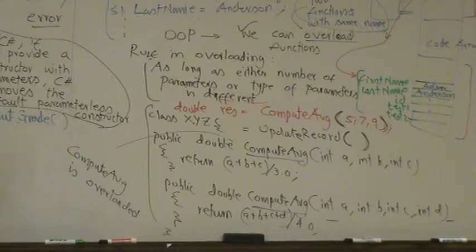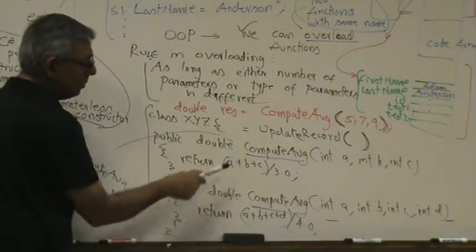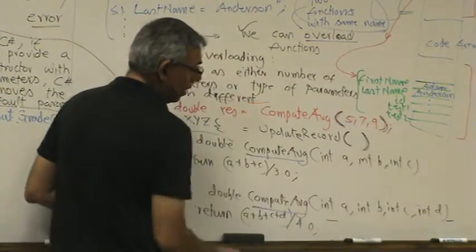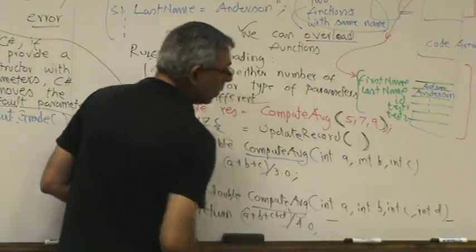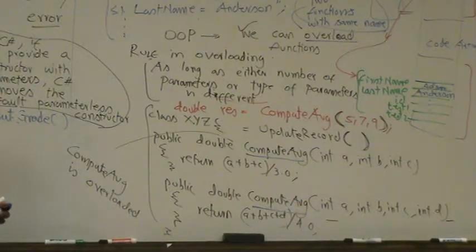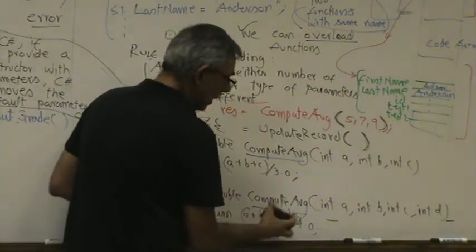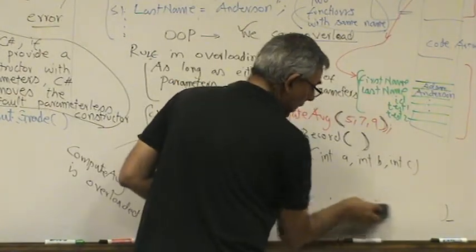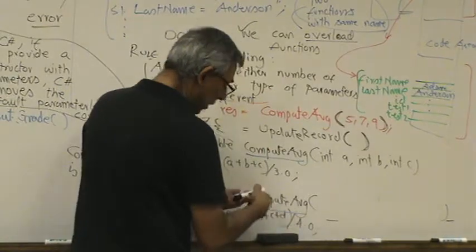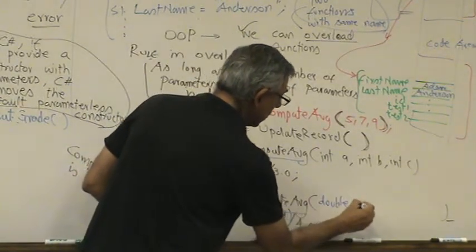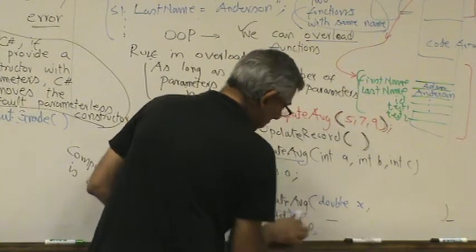So for example, let's take a look at this example. How many parameters do we have over here? 3. How many parameters do we have over here? 4. So that's okay to overload. Now what if somebody came over here and said, no, we want to take the average of not 4 integers, but of 3 doubles. So they changed it to double x, double y, and double z.